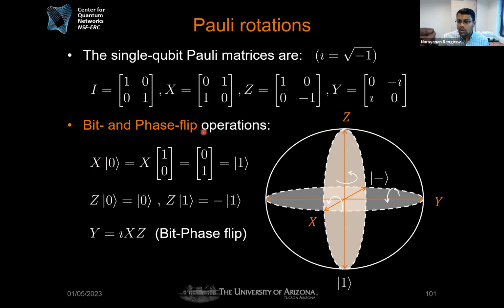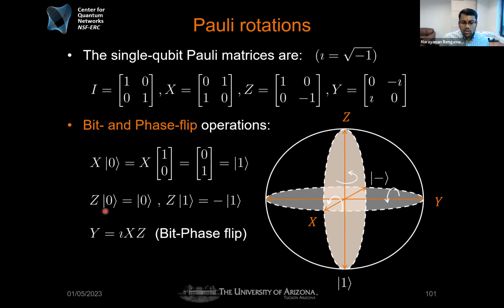Whereas in the earlier part of the course we were working with binary matrices, so everything was modulo 2 or XORs, here we are working with complex numbers and complex matrices, so you can just do regular multiplication. There is no modulo. If you do X times (1, 0), you get (0, 1), which is exactly the 1 state. Similarly, if you apply X to 1, you get back 0. So X just flips 0 and 1.